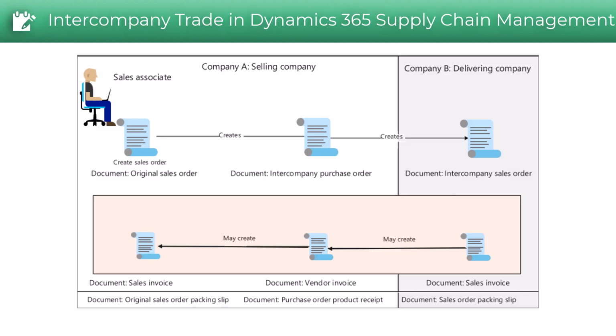In short, it's like having two companies talk to each other instantly without employees having to duplicate orders or paperwork. Think of it this way: intercompany trade is like ordering something from Amazon, but behind the scenes, Amazon's multiple companies, logistics, warehouses and sales are all talking to each other automatically, so you can get your product smoothly.